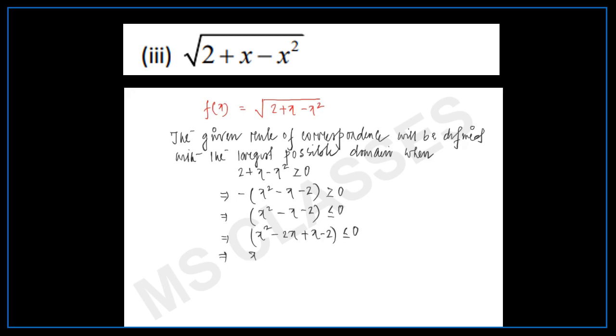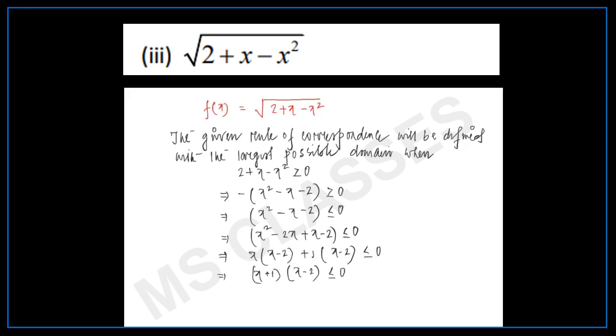Now the middle term has been split. So x into x minus 2 plus 1 into x minus 2 less than or equal to 0. This gives x plus 1 into x minus 2 less than or equal to 0.